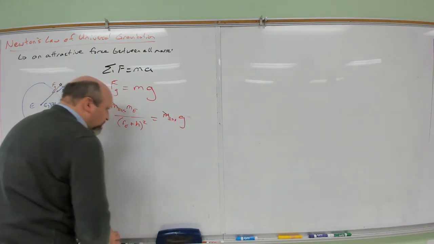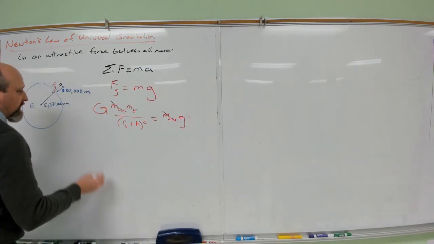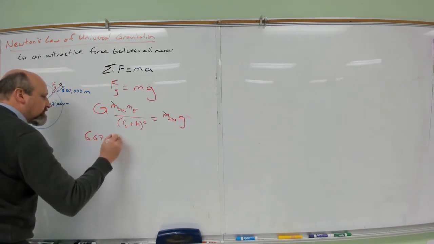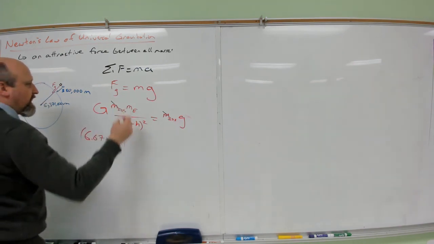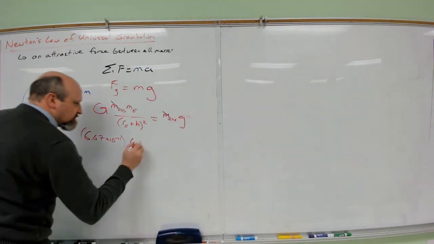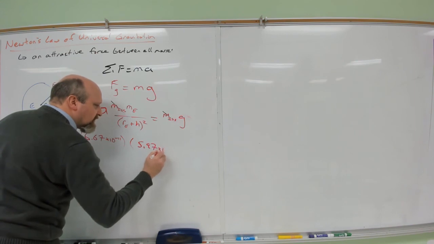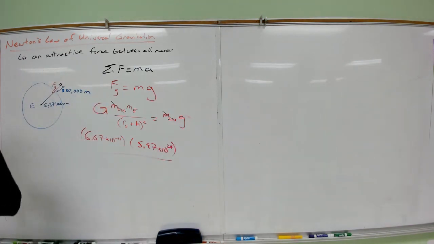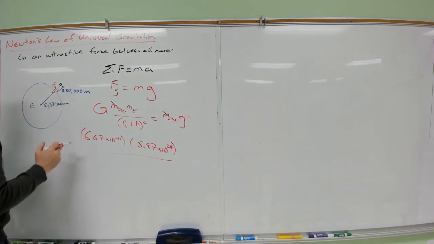So if I do this calculation, let's put the values in. Big G is 6.67 times 10 to the negative 11, the universal constant. Mass of the Earth is 5.97 times 10 to the 24, which is what they like us to use in this problem. I'm going to divide by that distance, adding these two numbers together. Can I do that in my head?